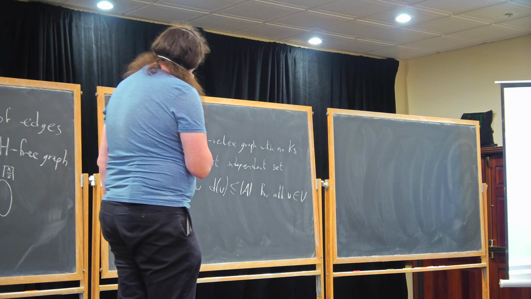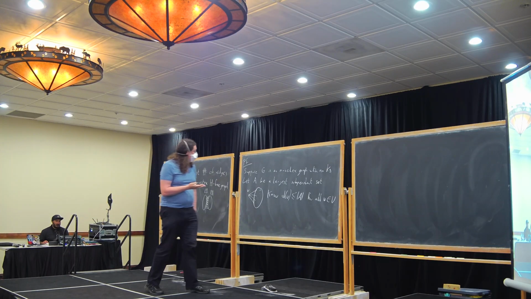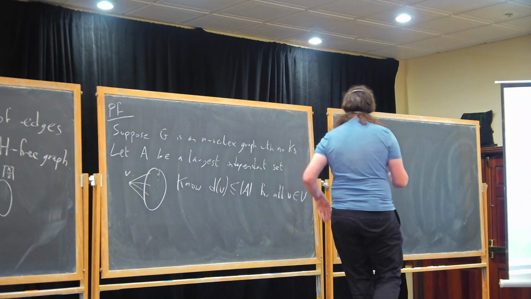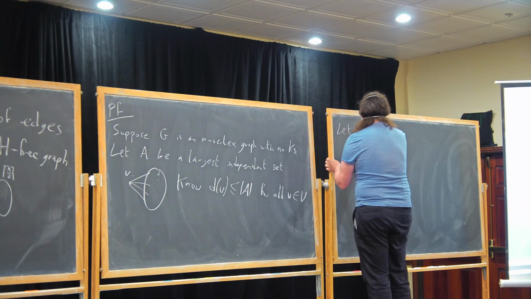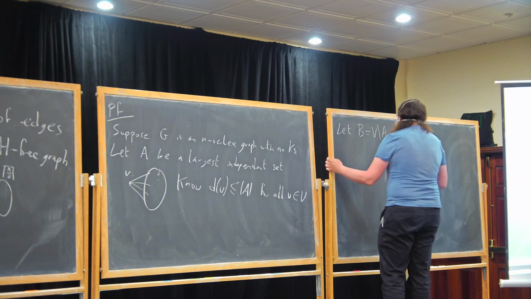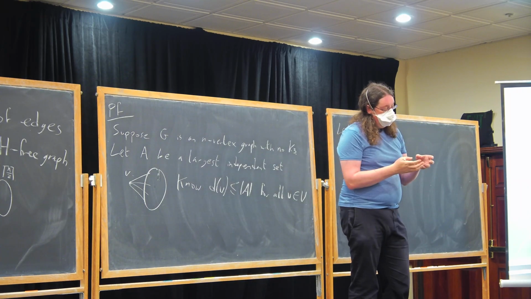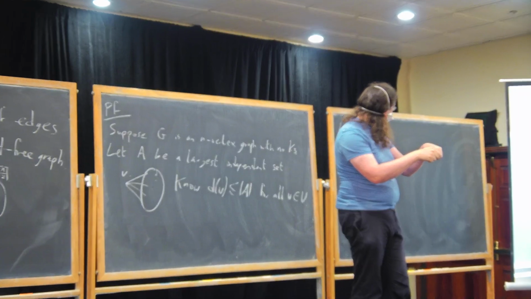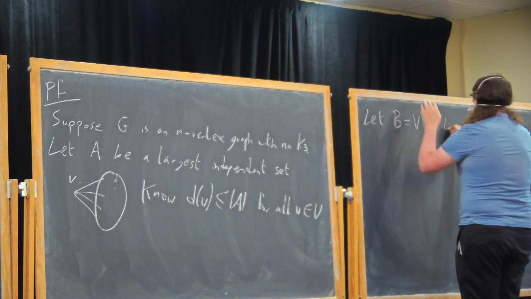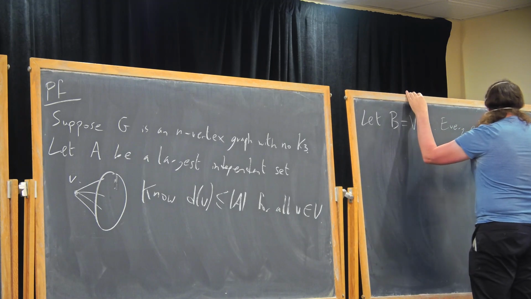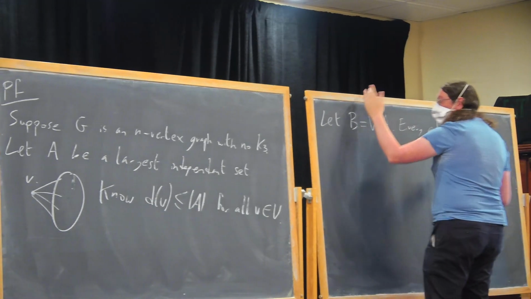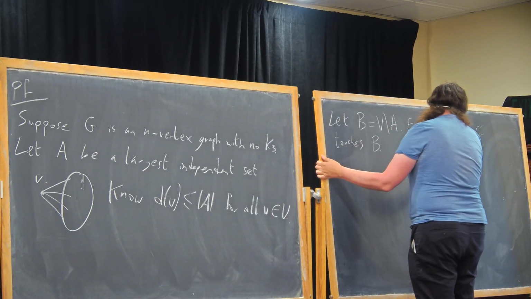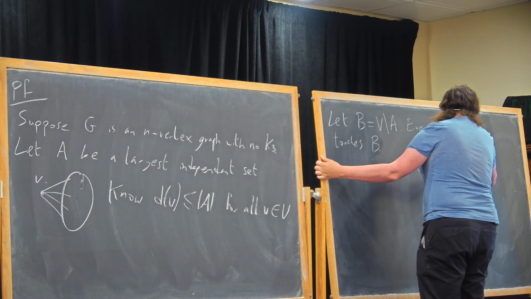Okay, how can we use that? Well, another thing that's true of this A is that if we let B be the complement of A, then every edge within the graph actually touches B, because edges are not completely contained in A since it's an independent set, so they have to touch B. So every edge in G touches B. Basically, you have A, you have B. We know this is an independent set.